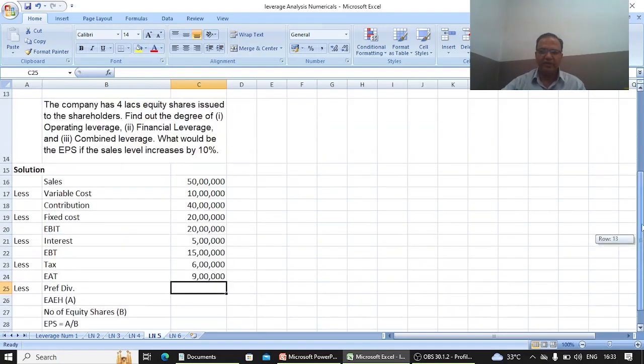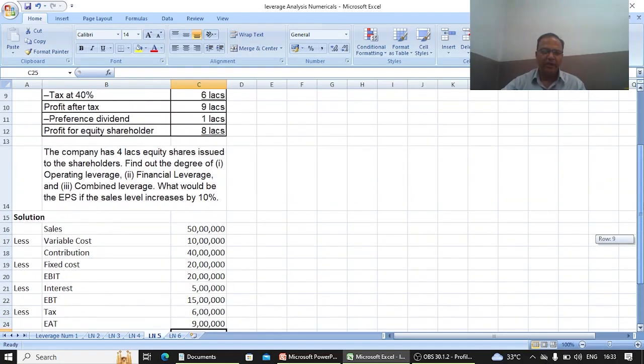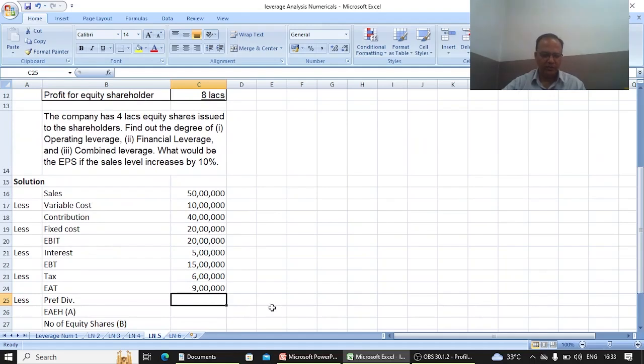Now preference dividend is given, 1 lakh rupees. Earning available to equity holders is 8 lakh.